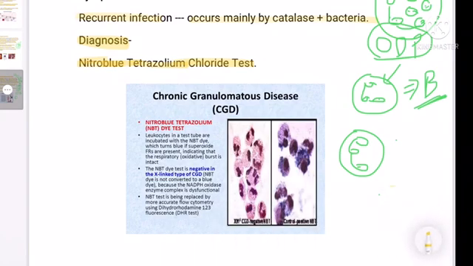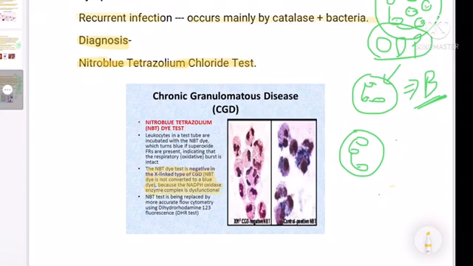The NBT test is negative in X-linked CGD. NBT dye is not converted to blue because of NADPH oxidase enzyme complex deficiency.